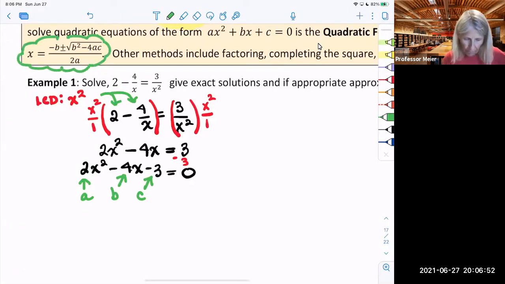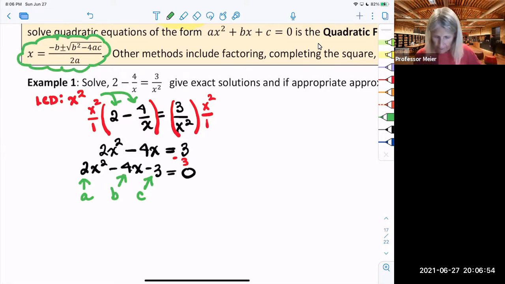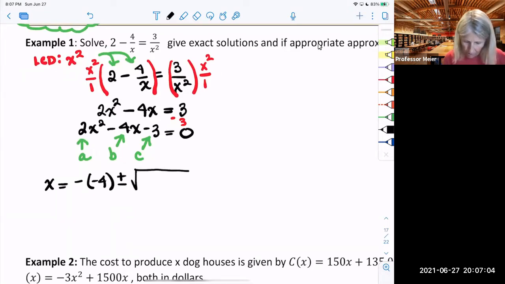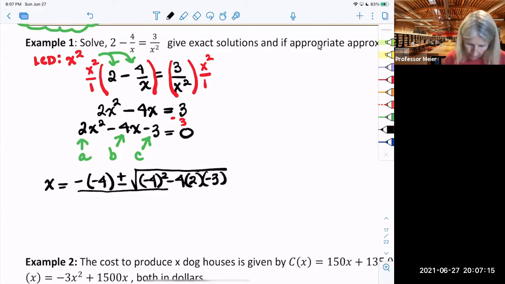Plugging that into the quadratic formula, x is going to equal negative b, so negative negative 4, plus and minus the square root of b squared, so negative 4 squared, minus 4 times a, which is 2, times c, negative 3, and then that whole thing divided by 2a.